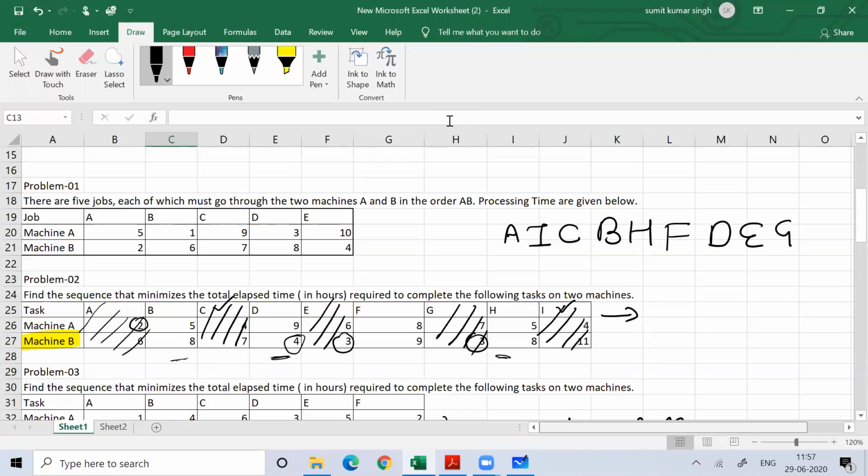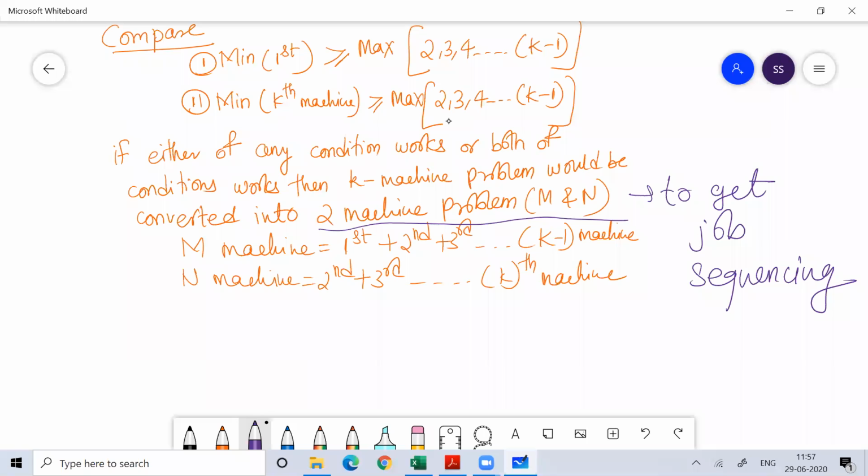Once you get the sequencing, we can individually determine the processing time of each machine, so that our required objective gets fulfilled. I hope you are all understanding. It's very easy, not at all a difficult thing.